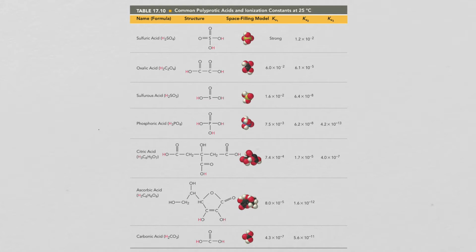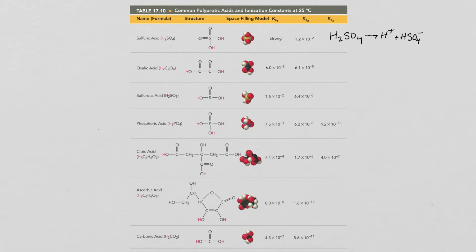So you can think of it this way, where you have your sulfuric acid, H2SO4, and it's going to dissociate into the proton and this compound here. And we can call this monohydrogen sulfate.